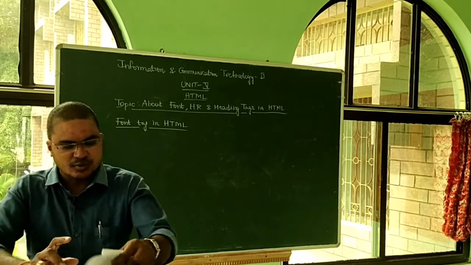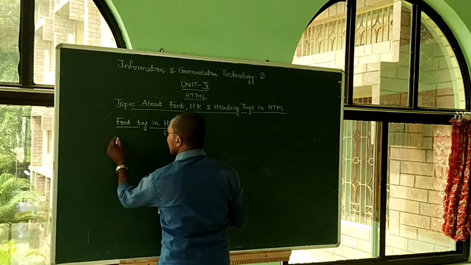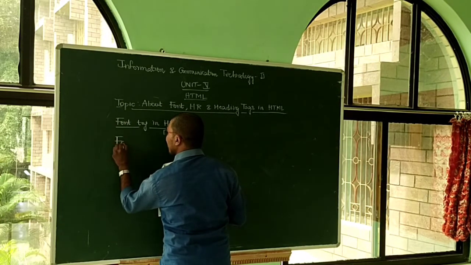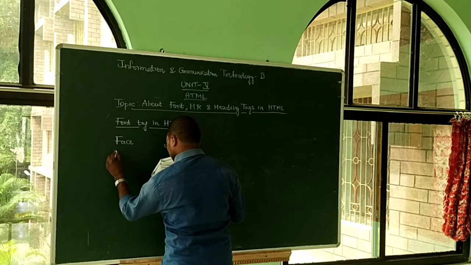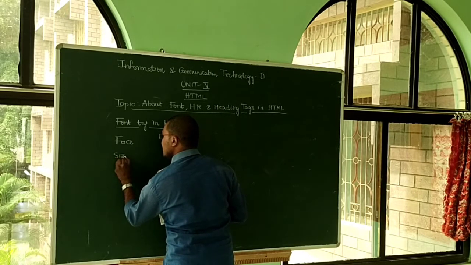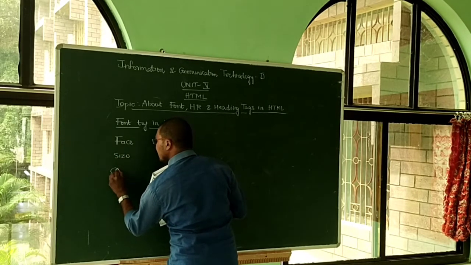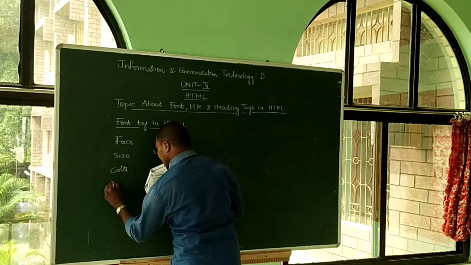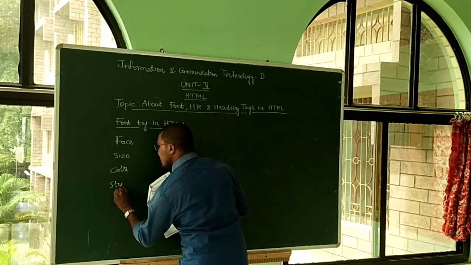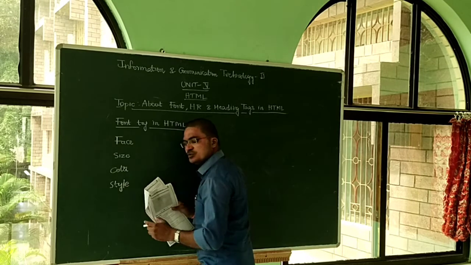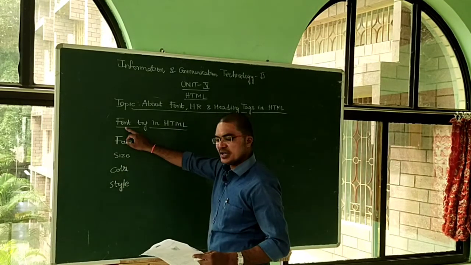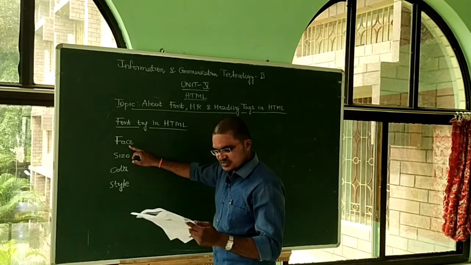Let us discuss the font tag. It contains 4 attributes. One is called face, second one is called size, third one is called color, fourth one is called style. These all are the 4 attributes supported by the font tag. What is the meaning of face?